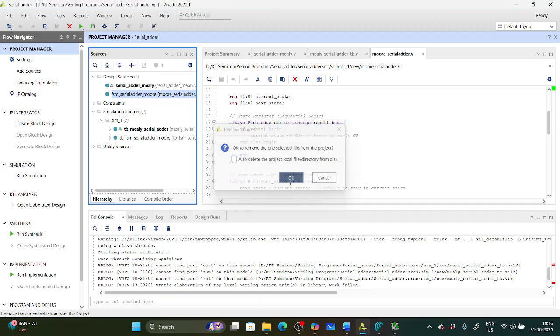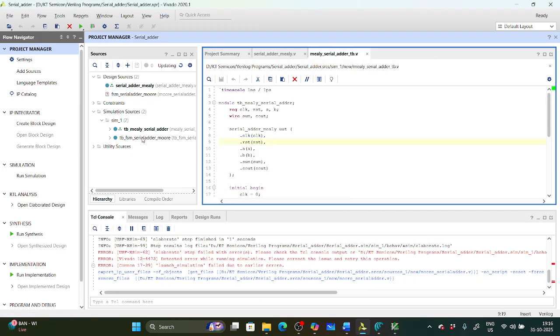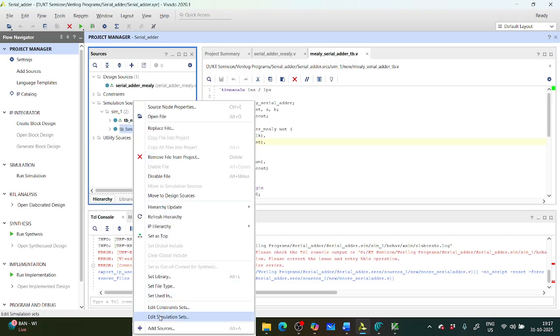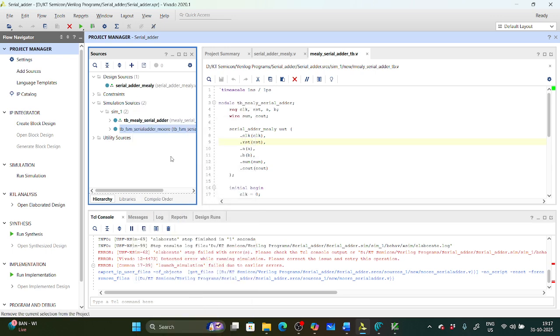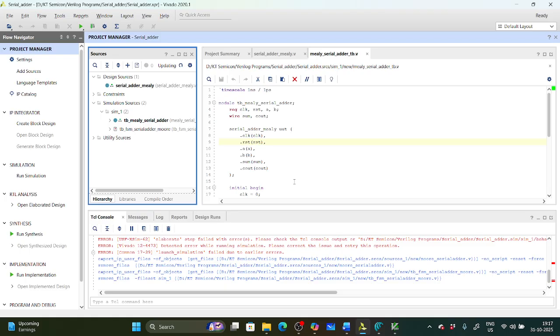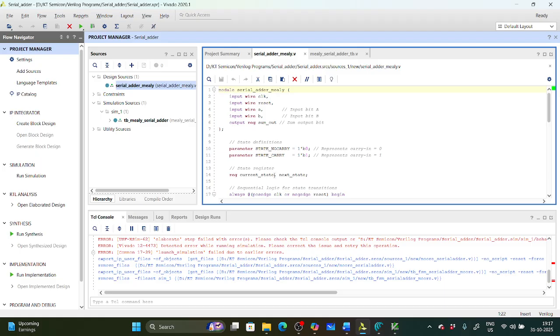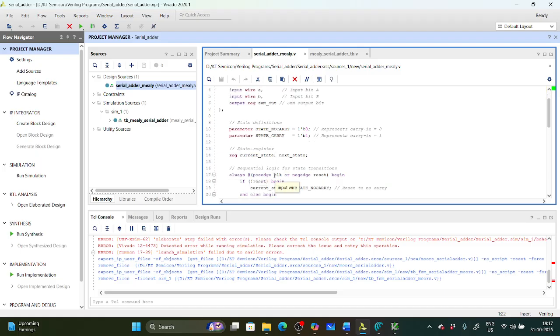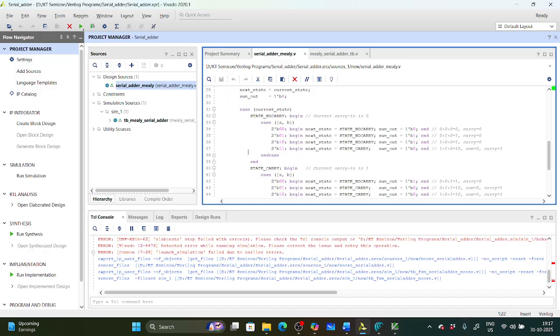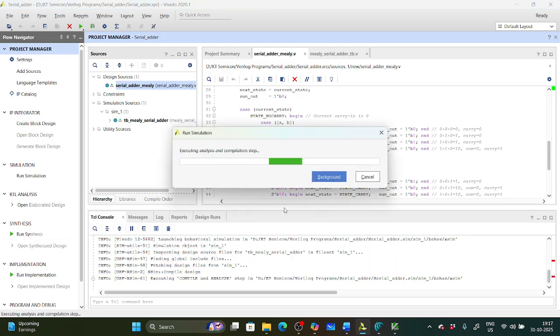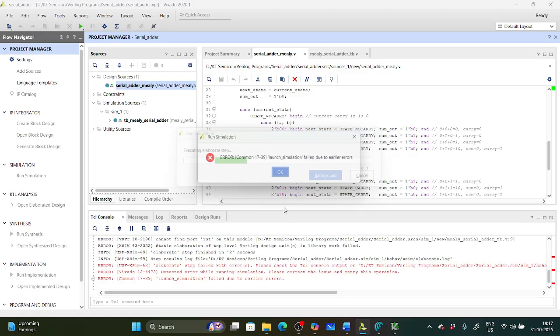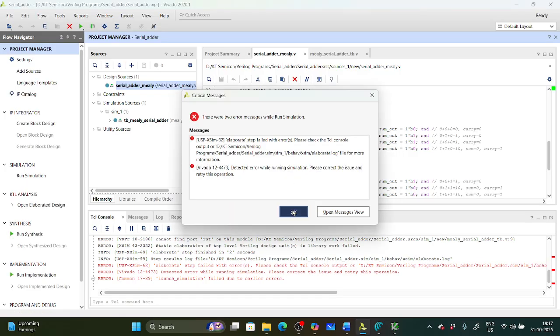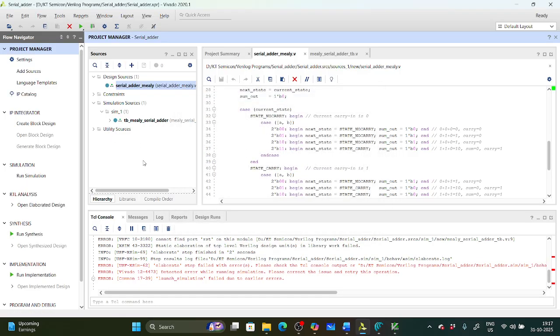A, B, sum_out. Okay, so I'm simulating. One second. I'm getting errors.